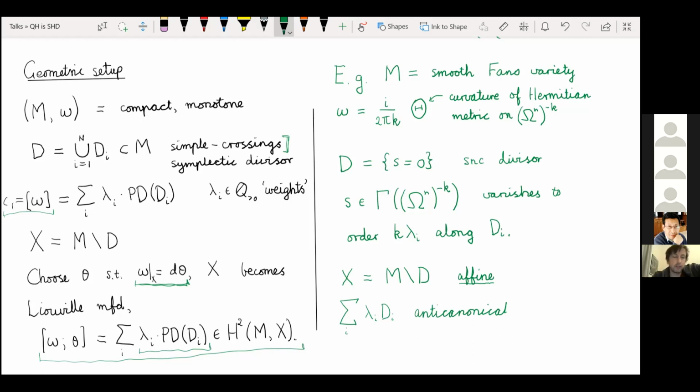Okay, so the most interesting examples are the ones coming from algebraic geometry.